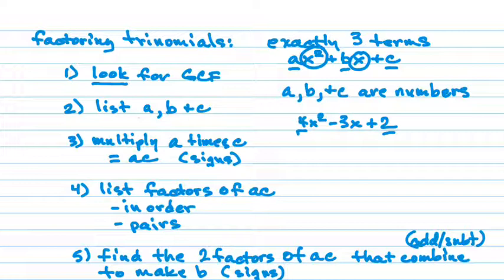So find the two factors of AC, that pair of factors that will combine. What does combine mean? Either add or what? Subtract to make what thing? B. And remember, B is the number in the middle and it's going to have a sign, right? So you have to make sure they combine to make the right sign. So this is going to give you lots of practice with the sign rules. Okay? All right, here we go.